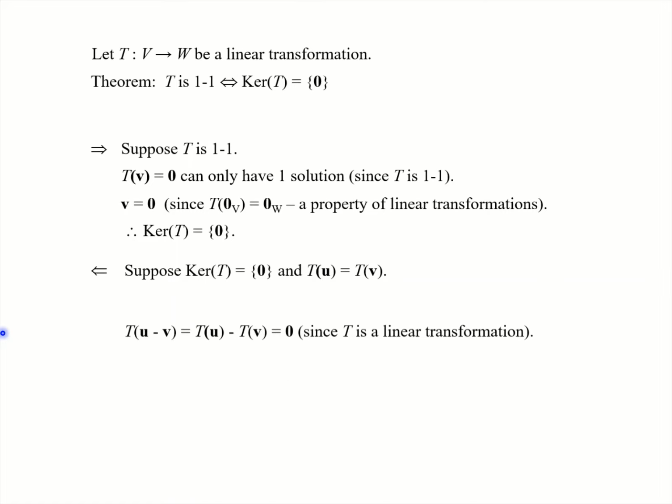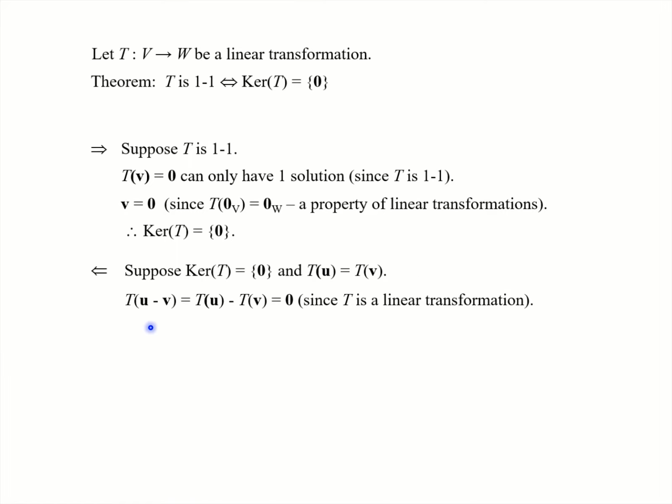Because it is a linear transformation, this is written as T of u minus T of v, by the linearity properties. But since T of u equals T of v, that is actually going to be the zero vector. The first equality is because T is a linear transformation, and the second is because of our assumption.